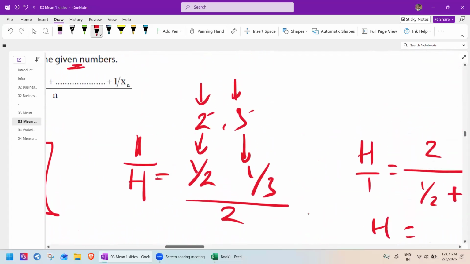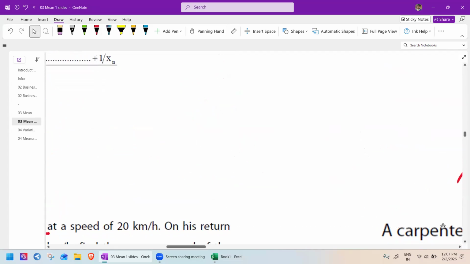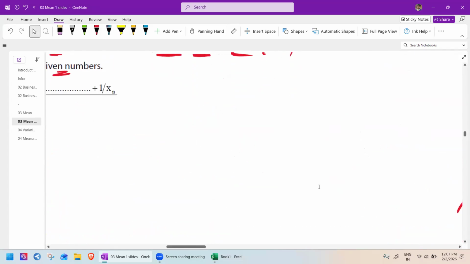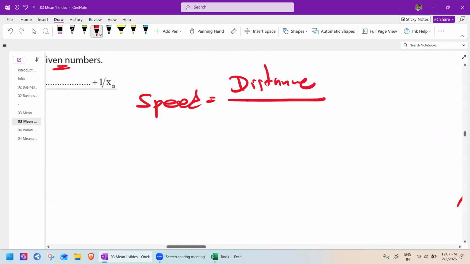I give you one of the basic formulas. You might have studied it in science, how to calculate the speed. Speed equals distance divided by time.